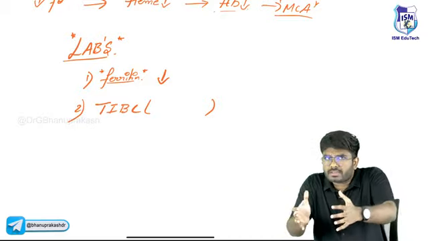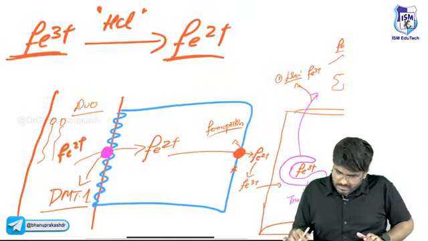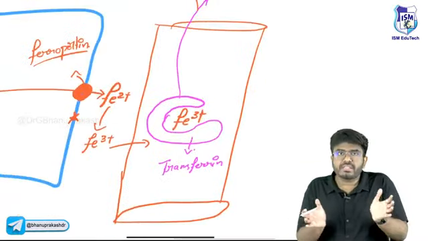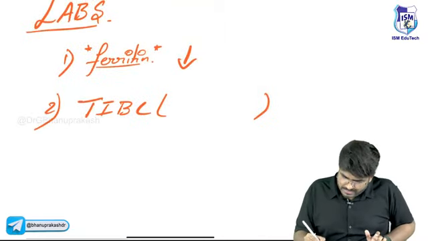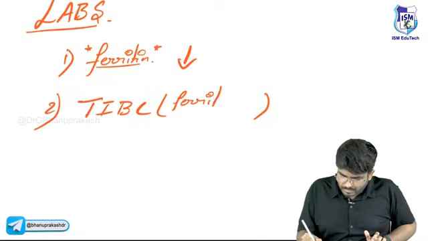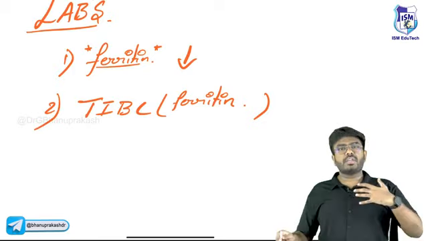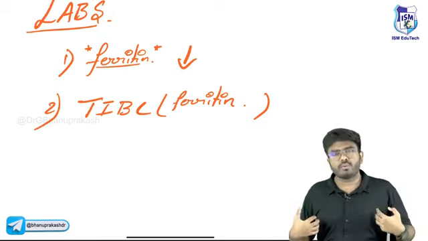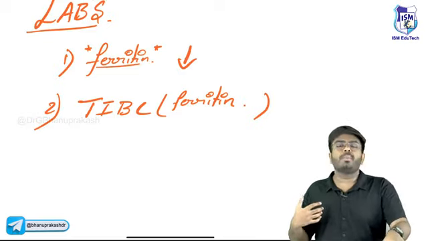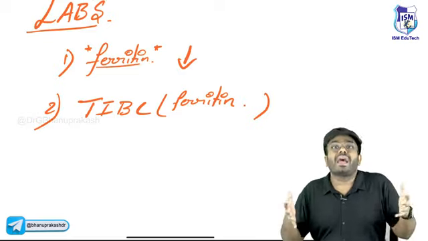Who will bind with the iron? It's the transferrin. Transferrin binds with the iron. Here I was talking about the ferritin levels. In my body, iron stores are going down. So what will my body try to do? My body will try to get more iron, somehow.